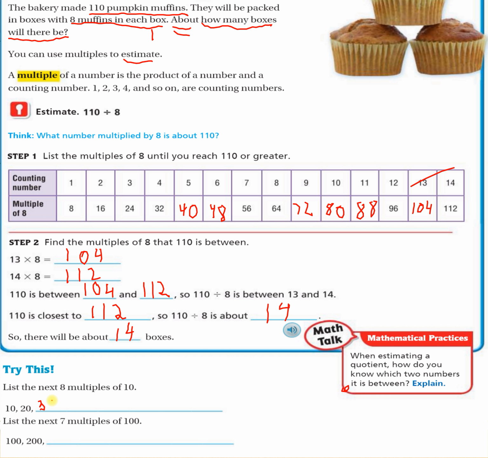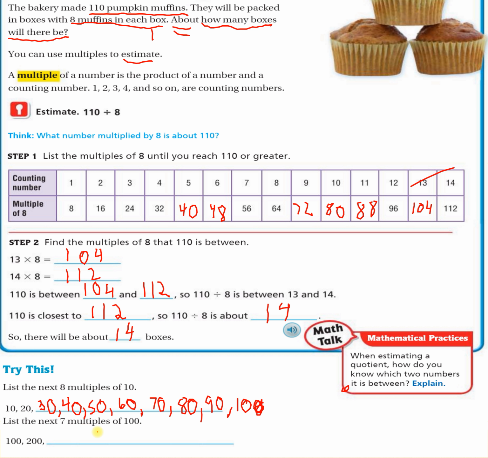So 30, that'd be 1. 40, that's 2 multiples. 50, that's 3 multiples. 60, that's 4 multiples. 70, that's 5 multiples. 80, 90, 100. Let's see how many multiples we have. 1, 2, 3, 4, 5, 6, 7, 8. Okay, and that's a 0, not a 6. Again, I apologize. It's hard to write with this.